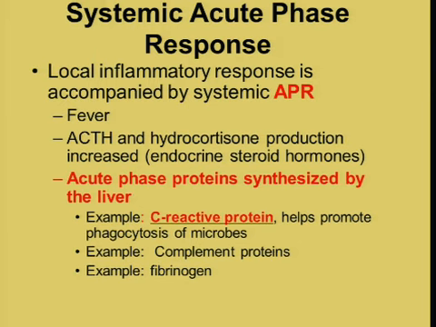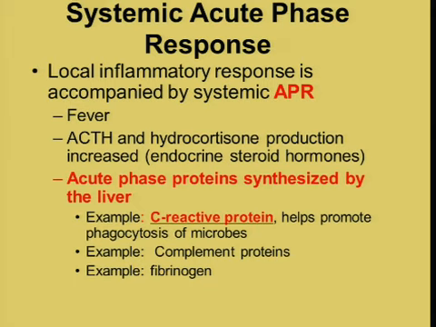Also the production of various different hormones, for instance ACTH. And then in this response, the subsequent step is the liver producing acute phase proteins. And acute phase proteins are the next wave of an innate response when it goes systemic.